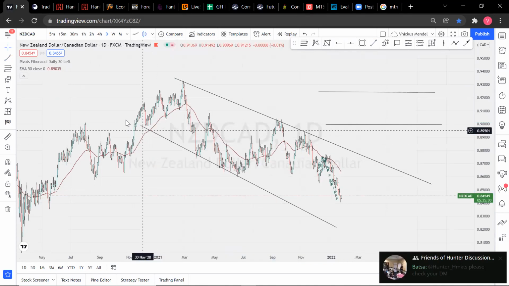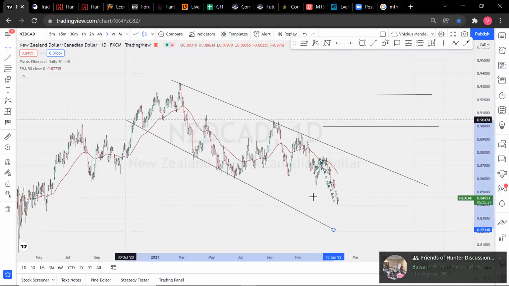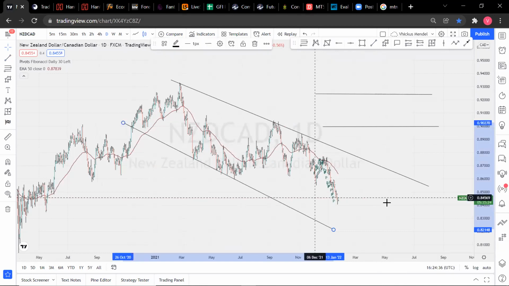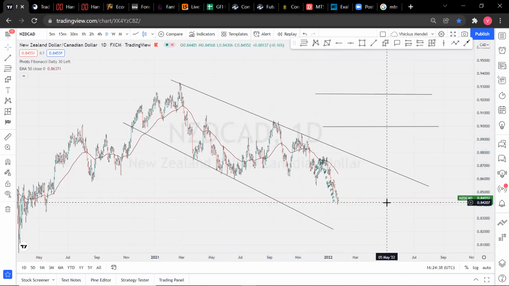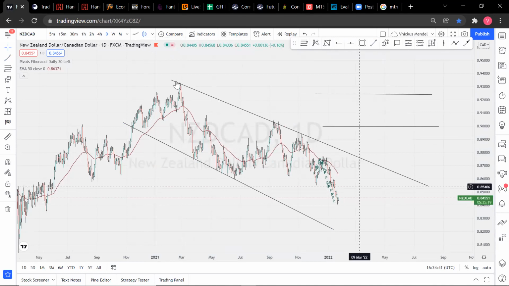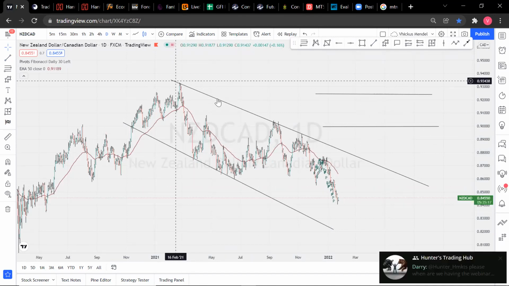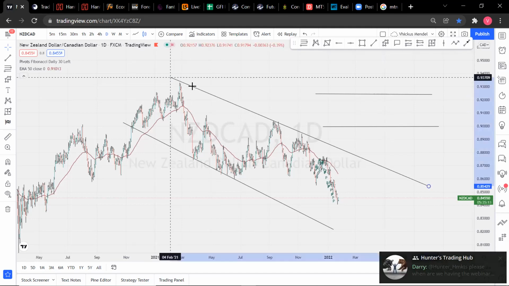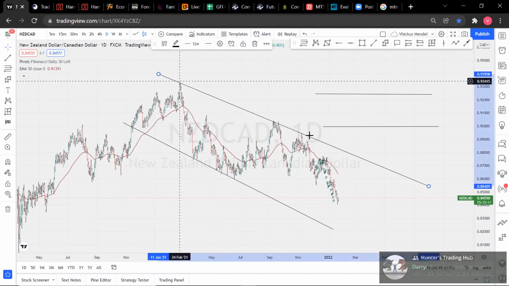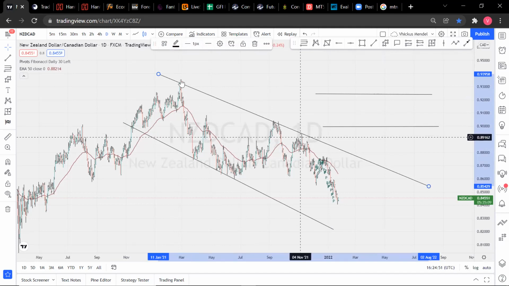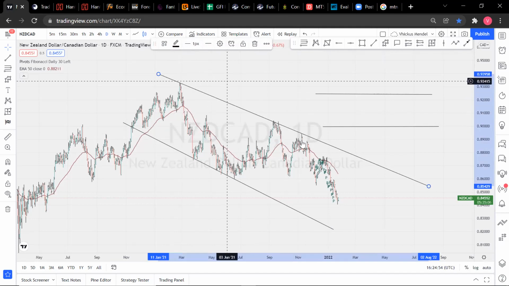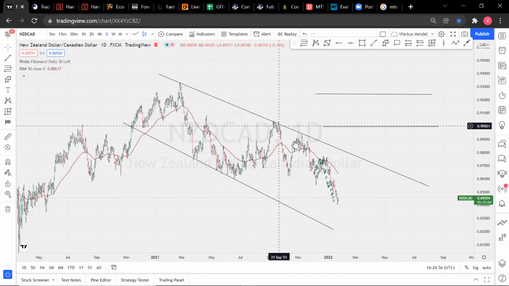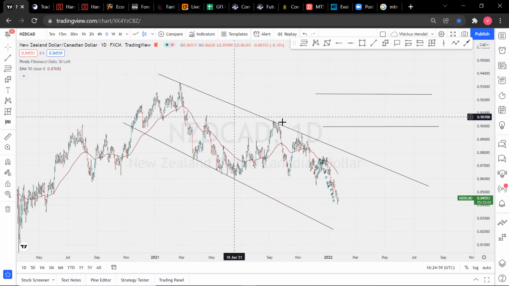Now one rule about using trend lines: when you are drawing the trend line, at least 2 or 3 of the wicks of the candles should touch it.